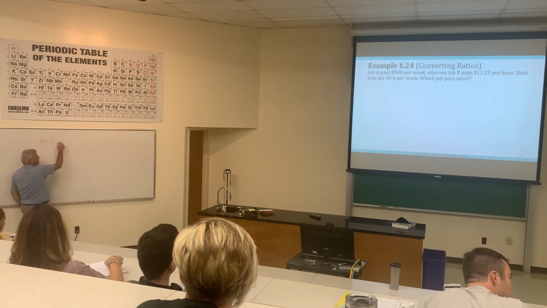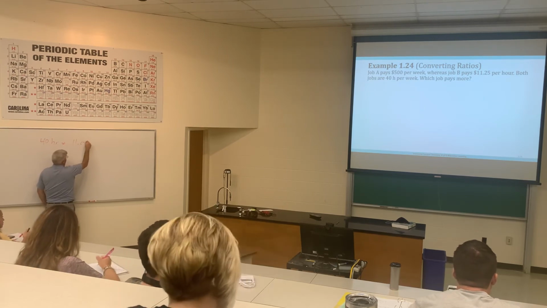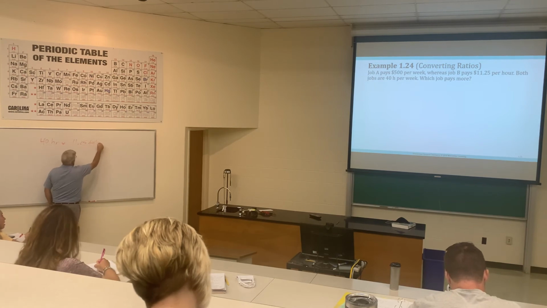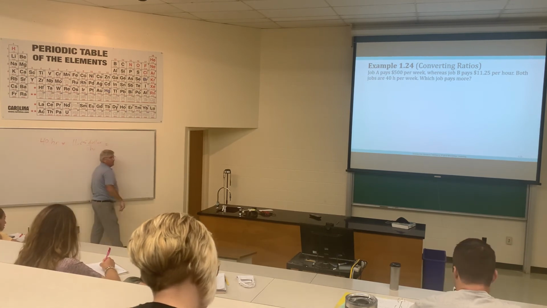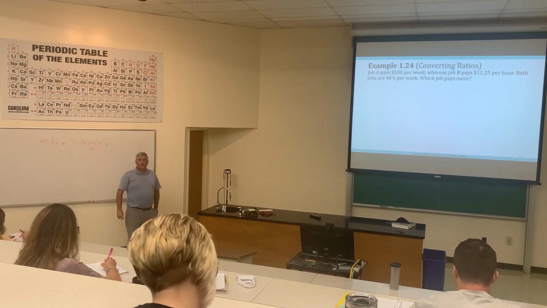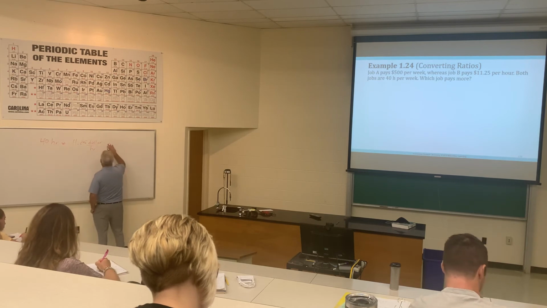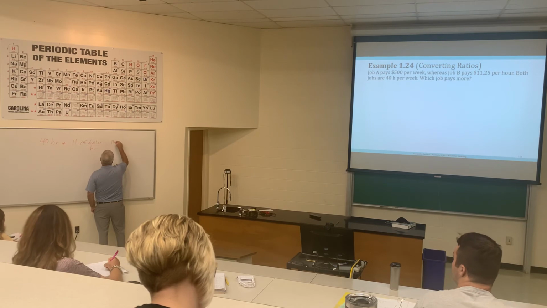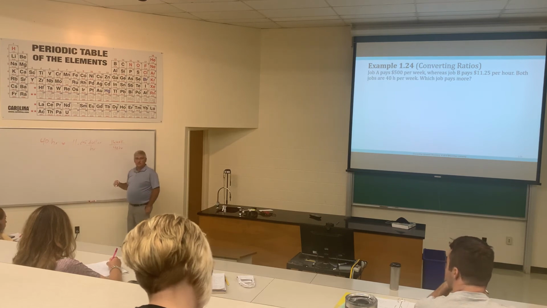40 hours times 11.25 dollars per hour, and this would give me the dollars per week because it's a 40-hour week, wouldn't it? Oh, so I needed one more conversion, right? 1 week is equal to 40 hours, right?